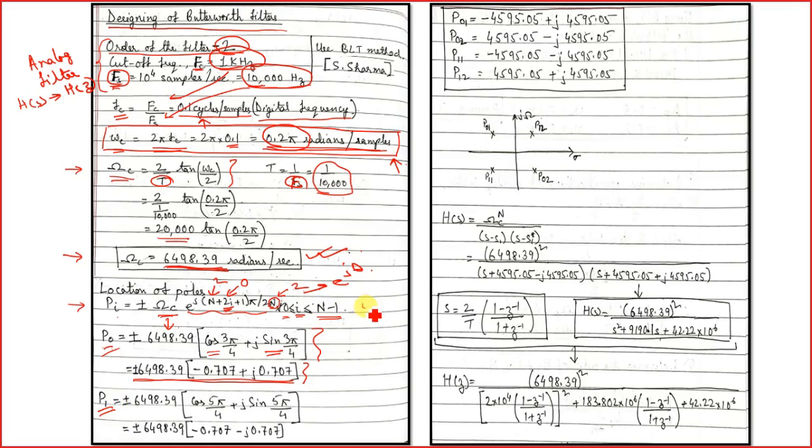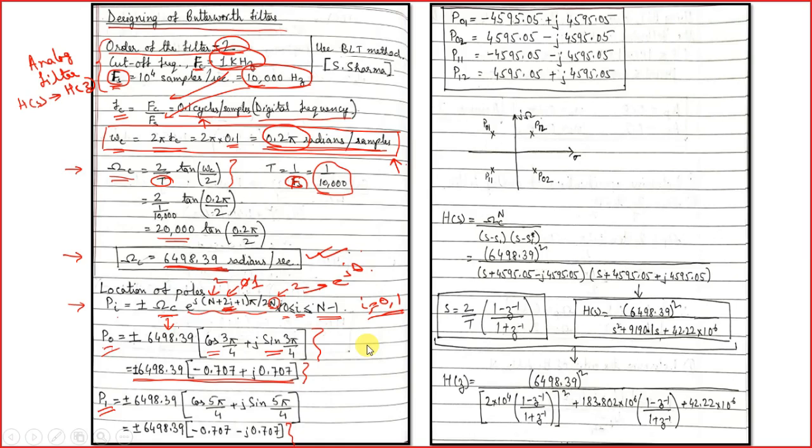Similarly, we will calculate P1, because the order is 2, so we have to calculate P_i for i equals 0 and 1. For 1, in the 2i term, i will be replaced with 1 and all other parameters remain the same. We put in the value of omega c and accordingly we get these values.